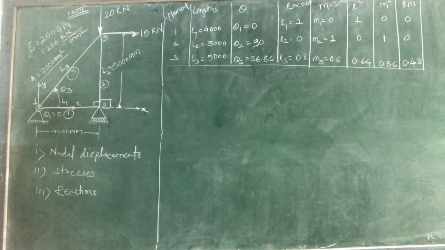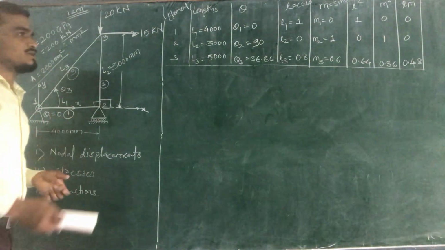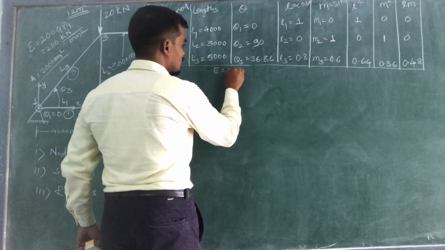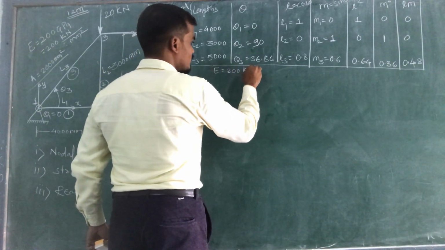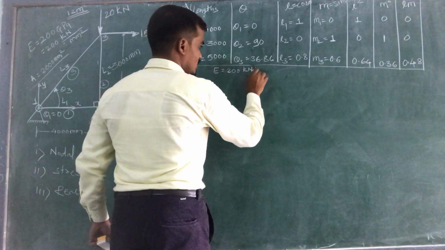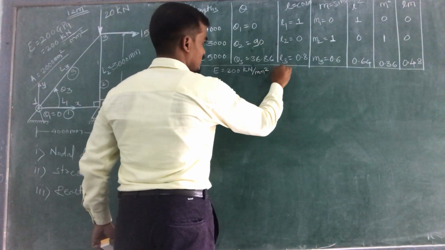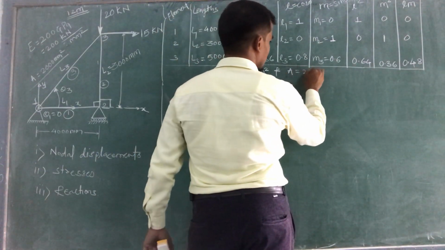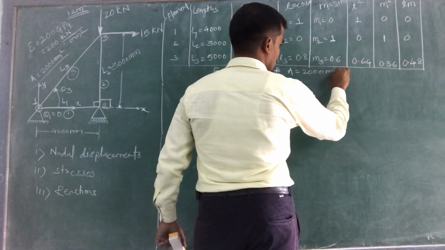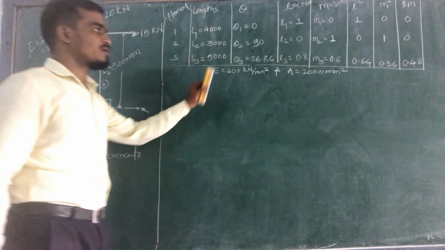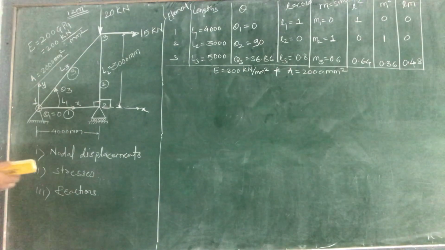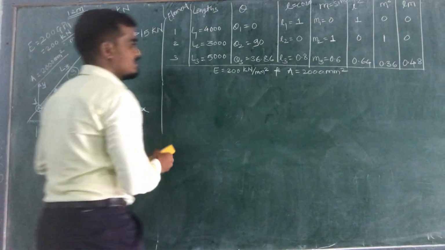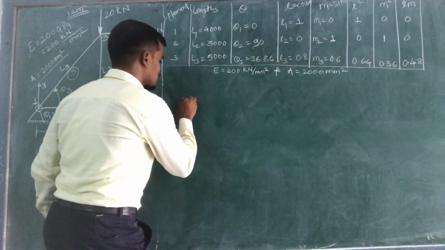As we know, E is equal to 200 kilonewton per mm square, and area is equal to 2000 mm square, and it is common for all elements. So now we will construct our first elemental stiffness matrix K1.